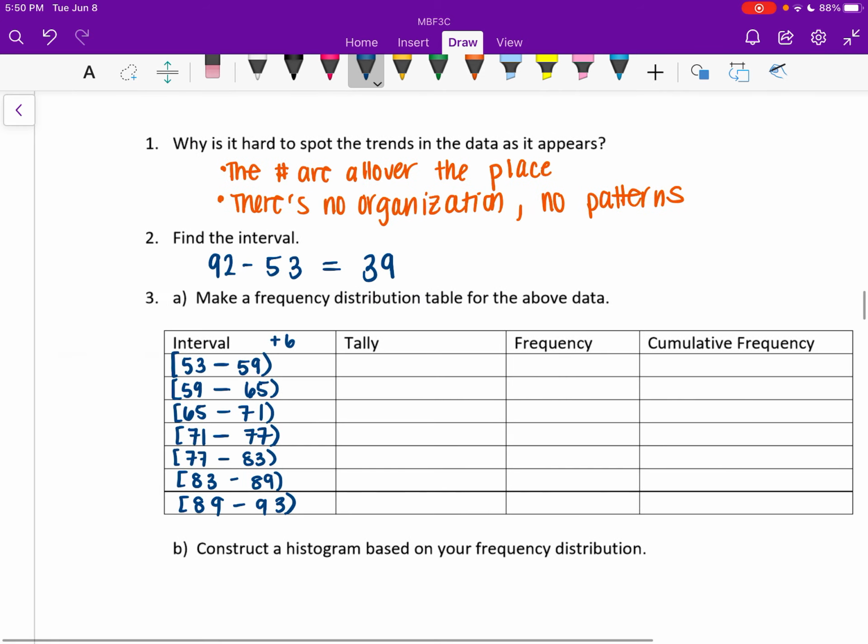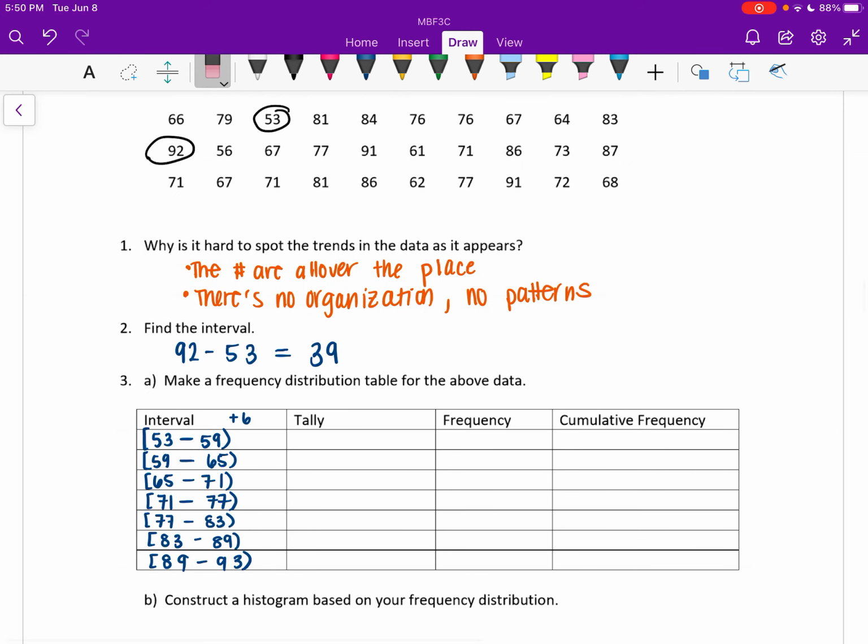Okay, so let's go back here to our original numbers up here. And I like to just go and put in the tally.